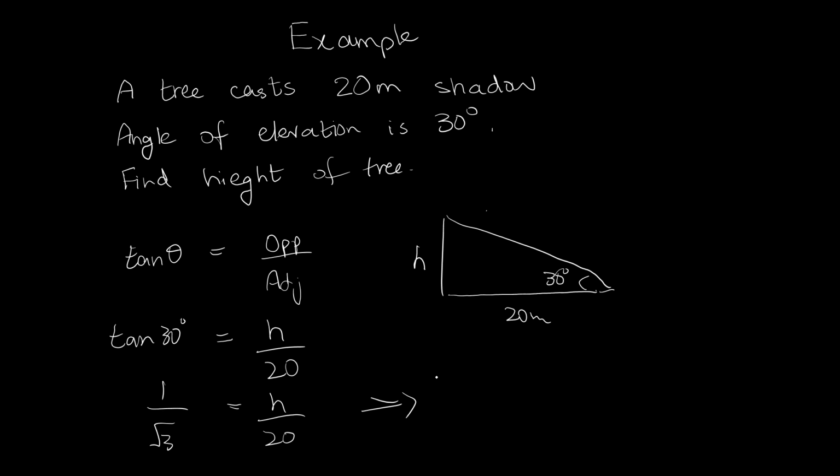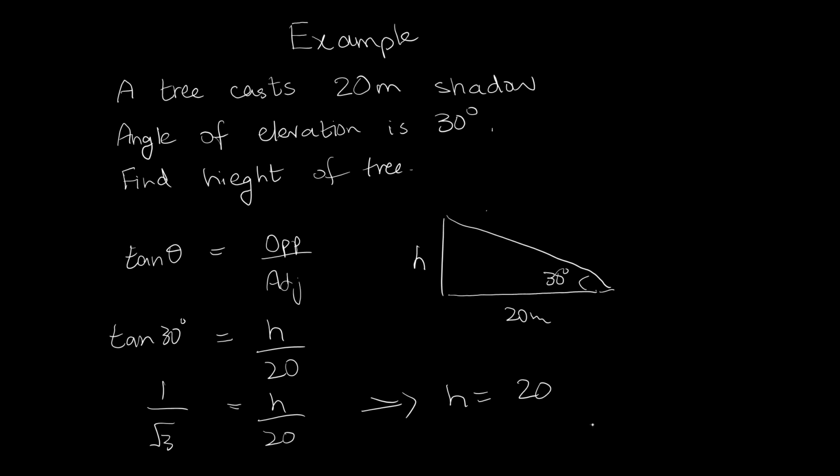Now, after simplification, you can tell that height is 20 over root 3. Root 3 can also be written down as 3 in the denominator and root 3 in the numerator.